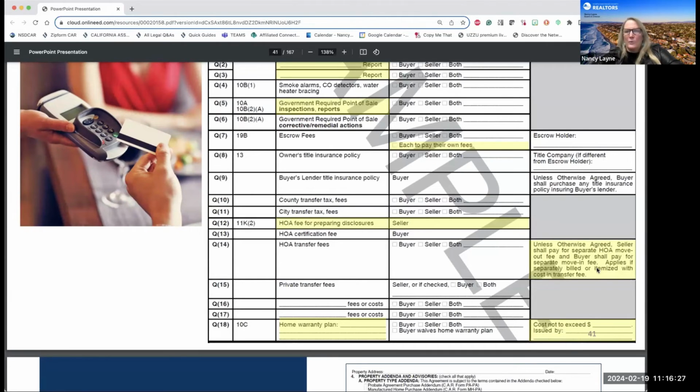Unless otherwise agreed, the seller should pay. So if you put nothing in here, then it's already clarified that the seller pays for move out and the buyer pays for move in, unless you clarify differently. So I would just put both.